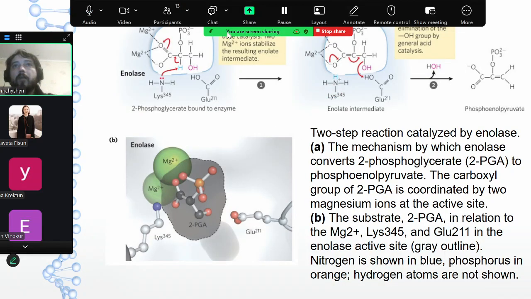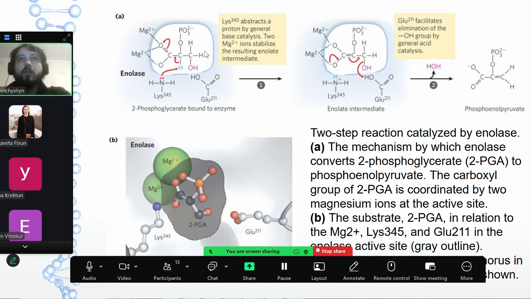Let's take a look. So here is basically how the enolase works. Once again, pretty simple mechanism, at least as it looks. You use nitrogen to abstract a hydrogen atom. These electrons are going here, creating a double bond. These electrons go to the oxygen atom, giving a negative charge.